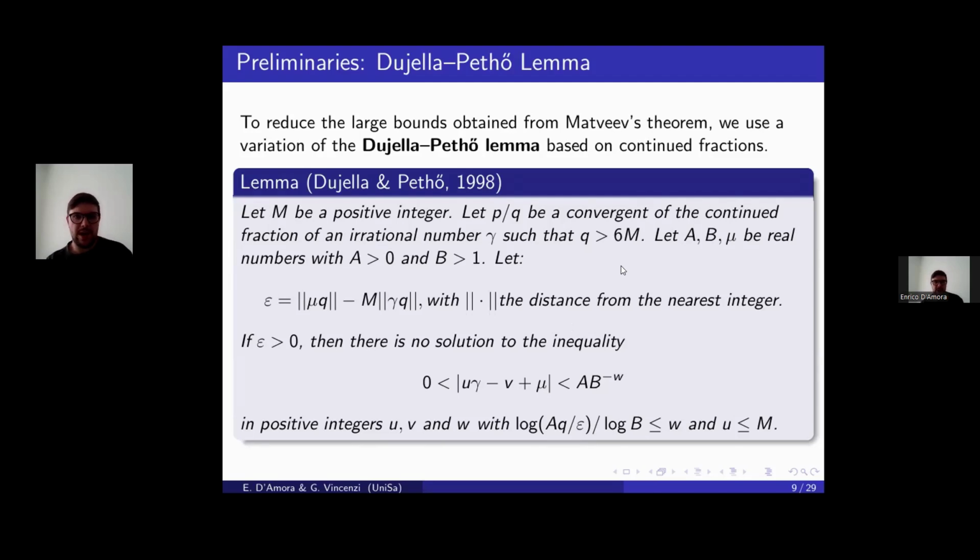So at some point, we have a q greater than 6M. Moreover, the theorem states that, defining epsilon in this way, if epsilon is greater than 0, there are no solutions for this inequality. So we will calculate with math software a denominator greater than 6M such that epsilon is greater than 0.